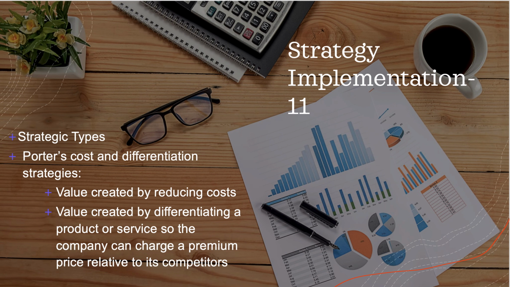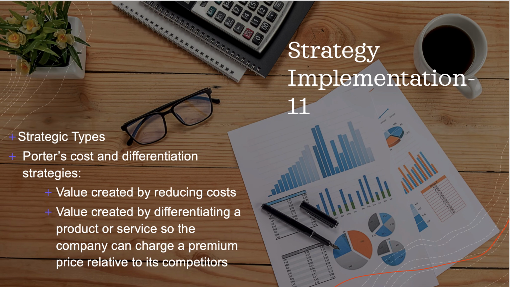So the overall cost leadership strategy focuses on becoming the lowest cost producer in an industry. This strategy is achieved by constructing efficient large-scale facilities, by reducing costs through capitalizing on the experience curve, and by controlling overhead costs in areas like service and R&D, which is research and development, sales force, and advertising.